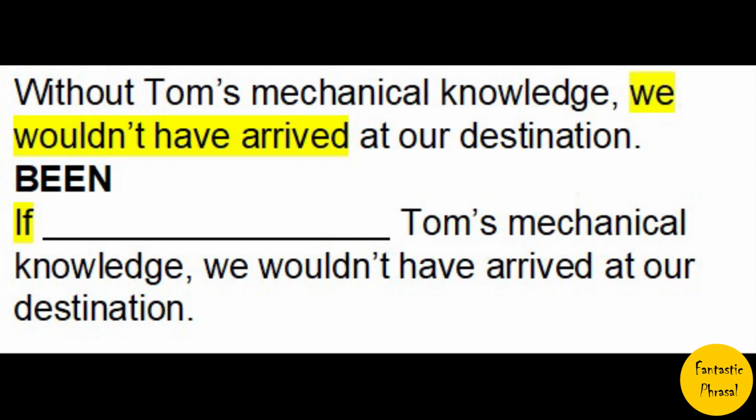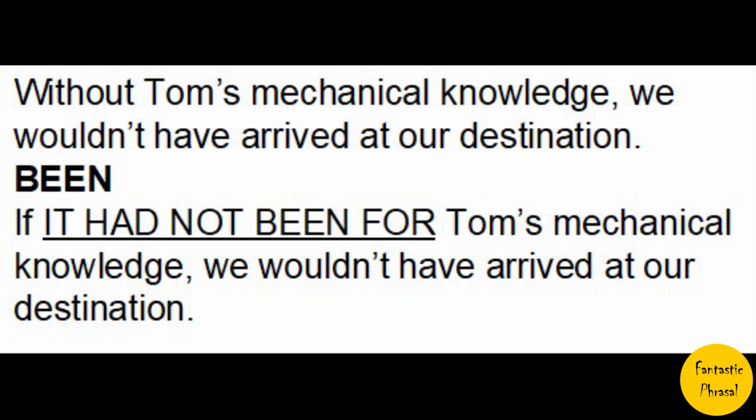If we cross out the information which is common to both sentences, the information left in the first sentence is without. So we need an expression used in third conditionals which means without. The correct answer is it had not been for.